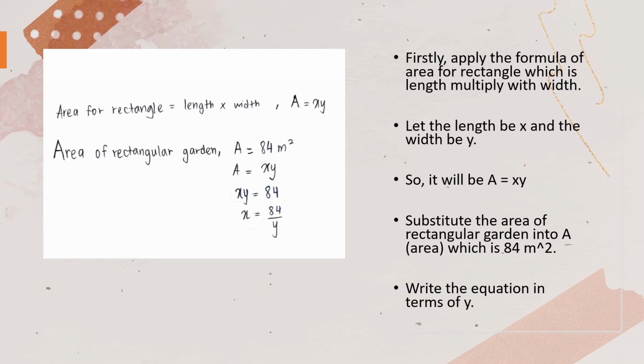Then we will substitute the area of the rectangular garden into A, which is 84 meters square. Then lastly, we will write the equation in terms of y. So it will be x equals 84 divided by y.